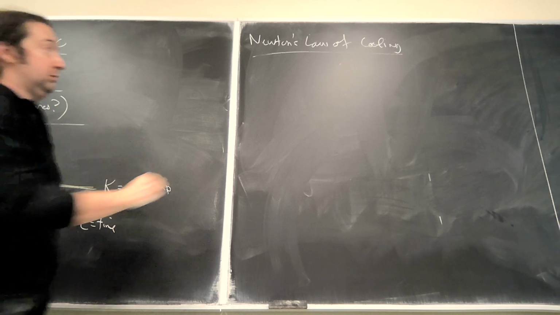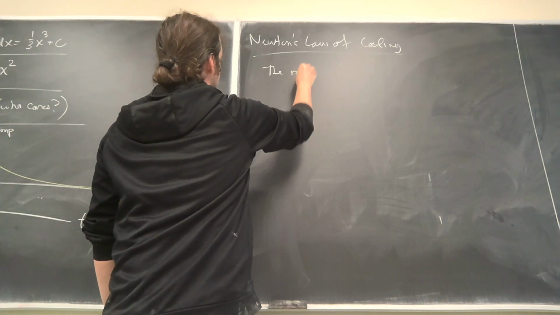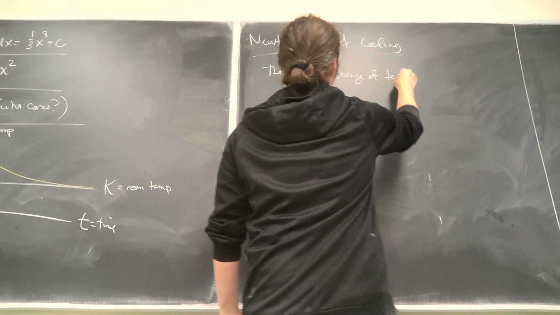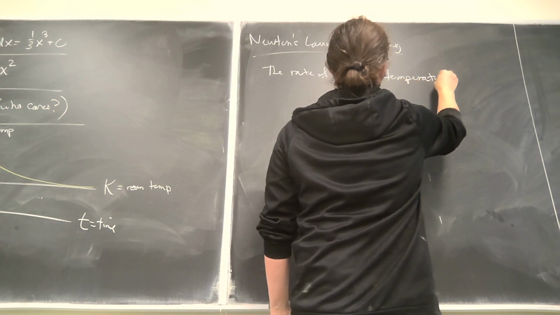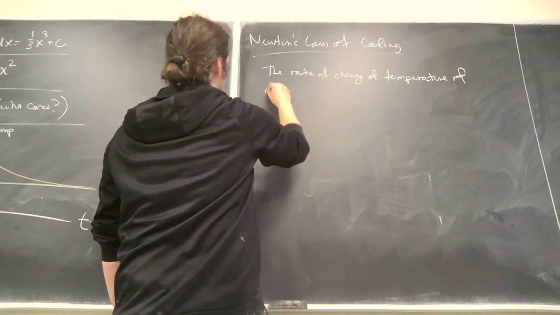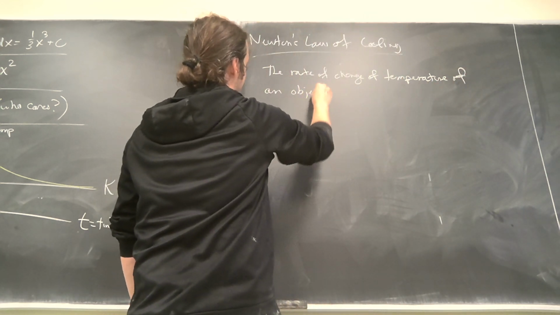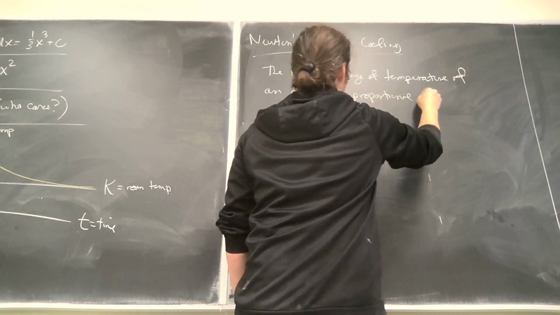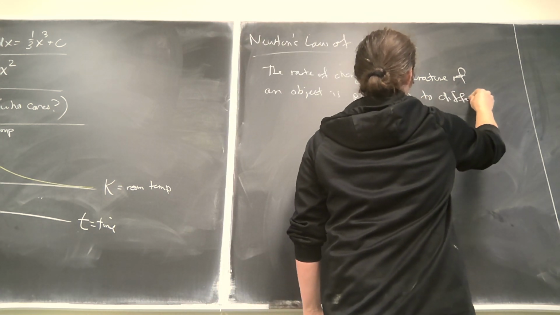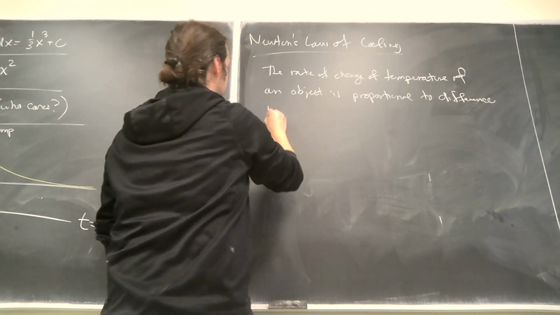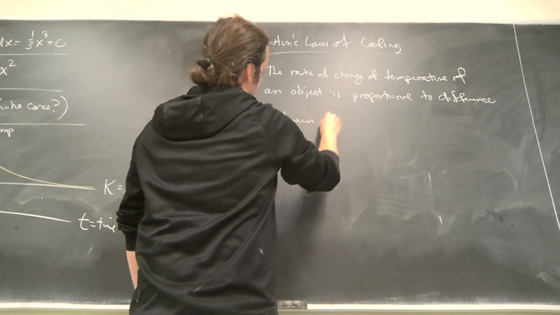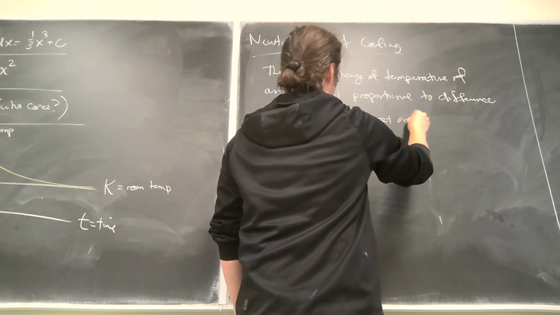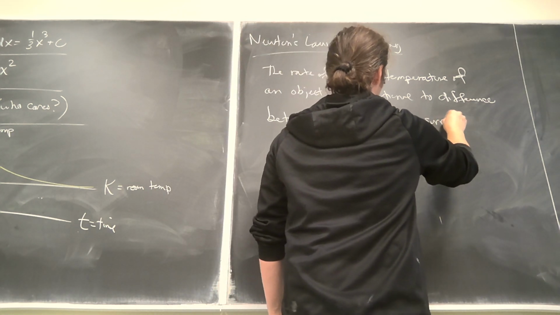It's a physical observation. The rate of change of the temperature of an object is proportional to the difference between the temperature of the object and the surrounding temperature.